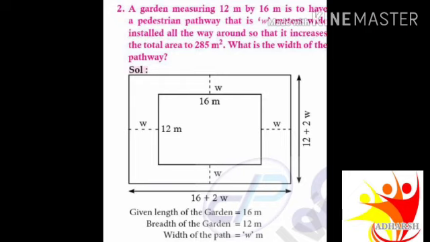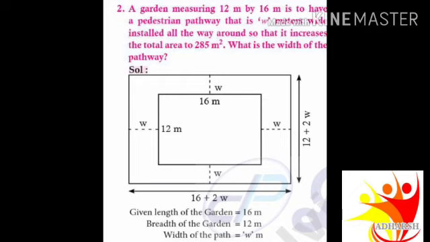Outer rectangular length is 16 plus W plus W, that equals 16 plus 2W. Outer rectangular breadth equals 12 plus W plus W, so the total breadth of the outer garden is 12 plus 2W.